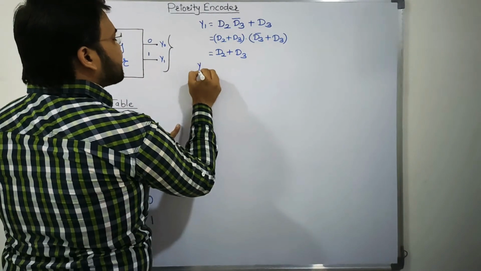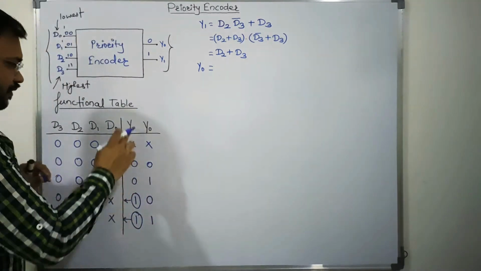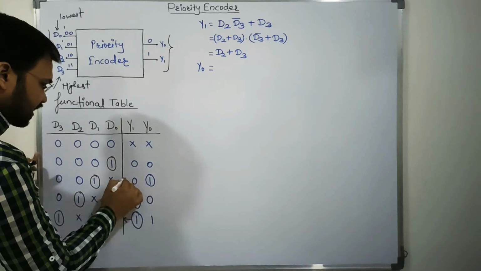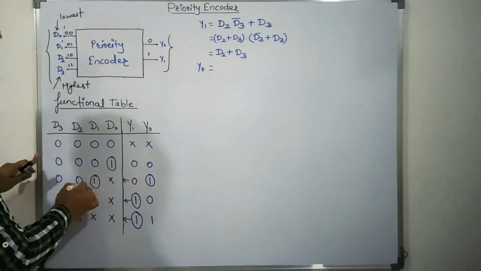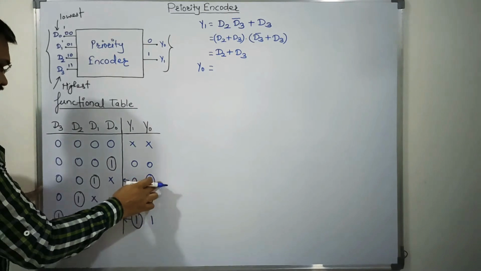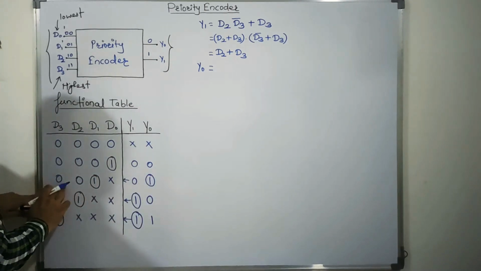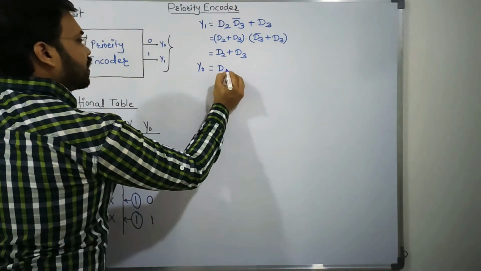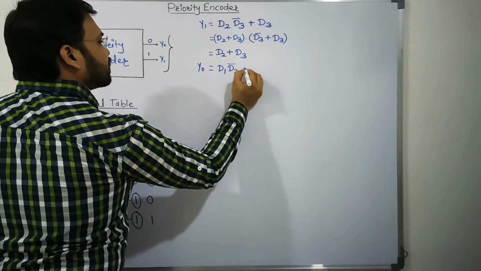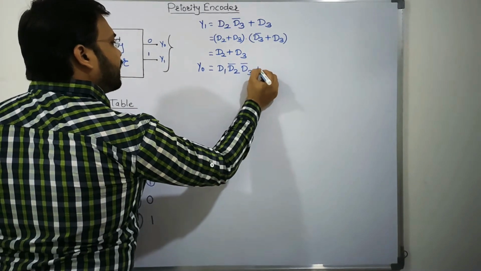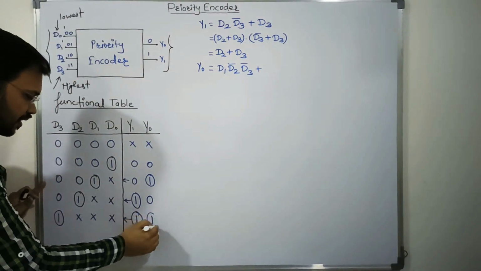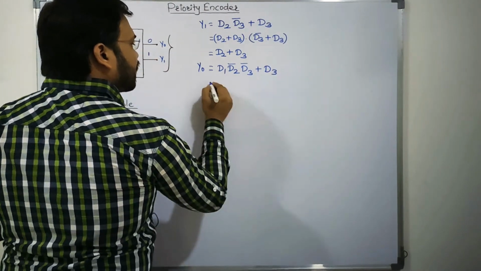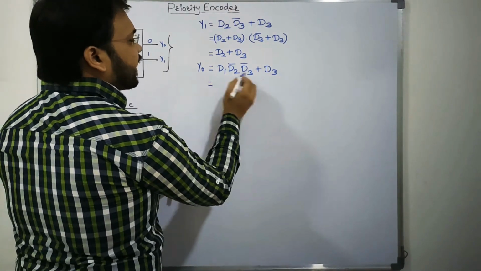Now talking about Y0. Y0 again has one term here, D1 D2 bar D3 bar, plus another term, D3.